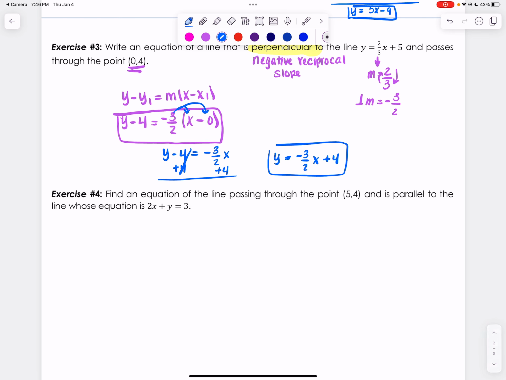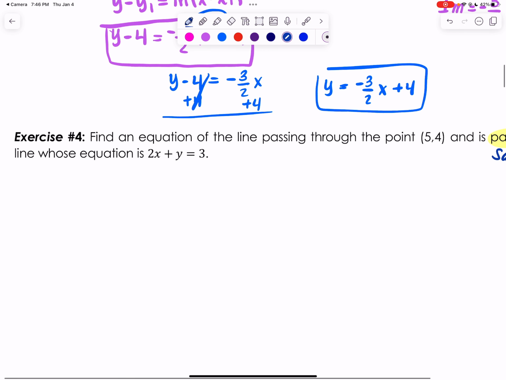Exercise 4. Find an equation of a line that's passing through the point 5, 4 and is parallel to the line whose equation is 2x plus y equals 3. So again, parallel means same slope. Now, if we look at the equation they give us, 2x plus y equals 3, we do not know our slope because it's not in that y equals mx plus b form.